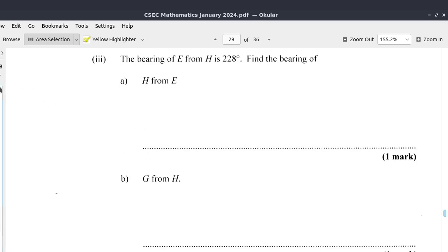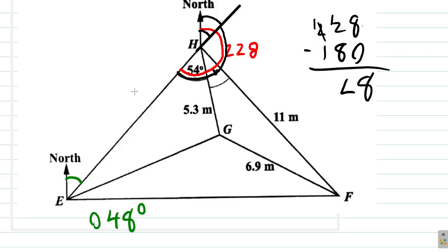G from H. The bearing of G from H. So let's get rid of some of this. The bearing of G from H is what we want.